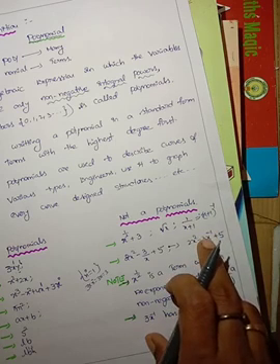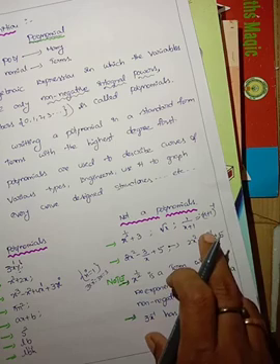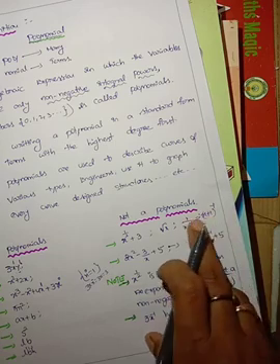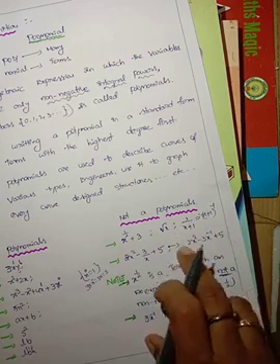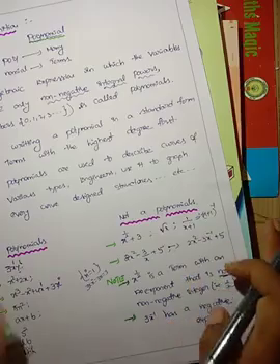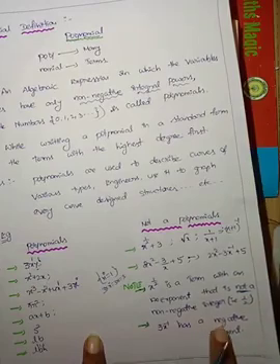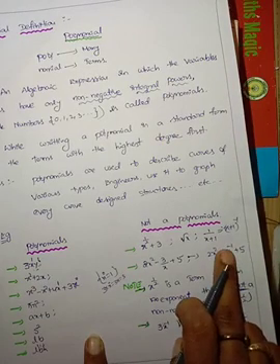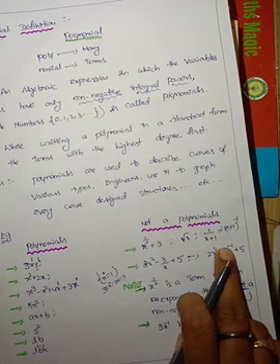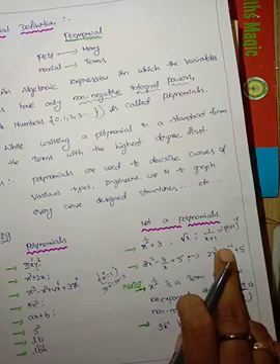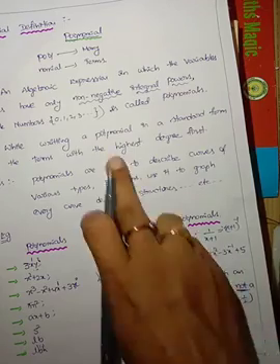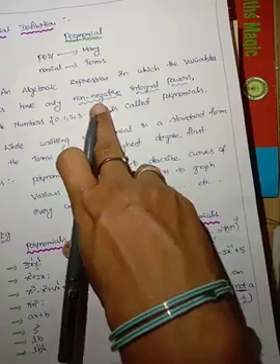What is the exponent of x? Here it is minus 1. So this expression is also not a polynomial. 3x power minus 1 has a negative exponent.